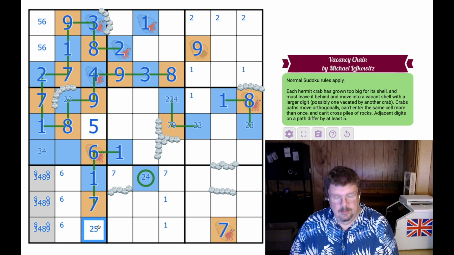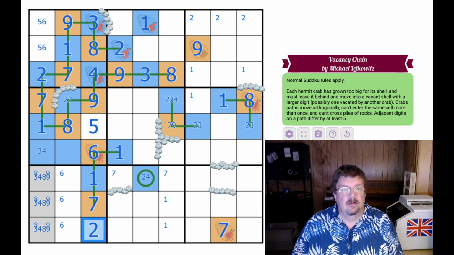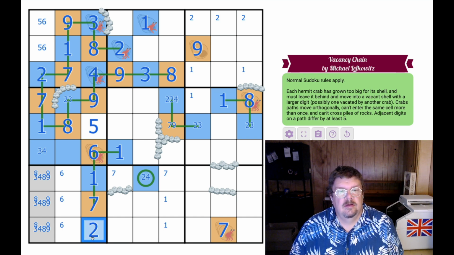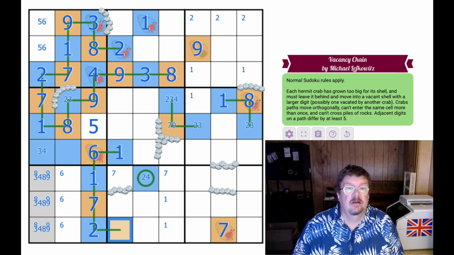That's 2. It's low. 7 could go there. 7 can't go there because that can't be a 2. So the 7 does go down there. And now it has to go there. That is a high digit and can't be a 6, can't be a 7 or a 9 because it sees those. That's an 8.